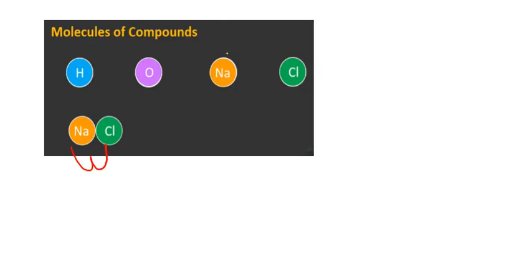Sodium plus chlorine gives you sodium chloride. We can combine any of these to get a compound. So we have one molecule of sodium and one molecule of chlorine, and both of them combining together will give you a molecule of compound.